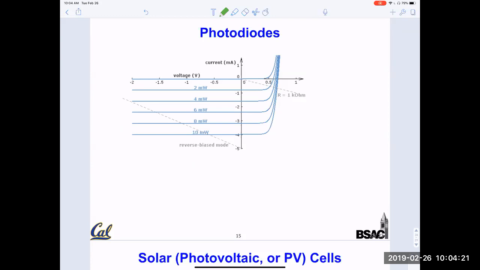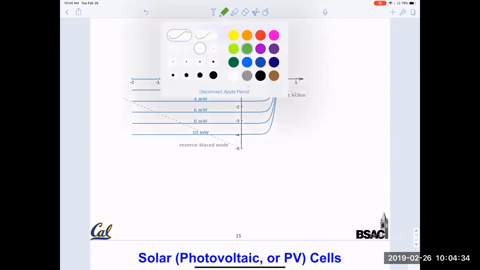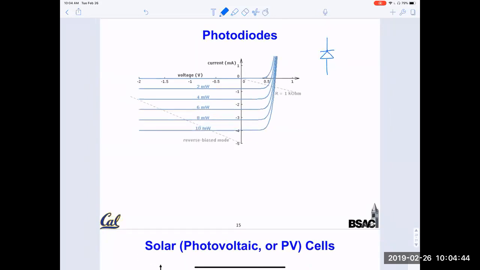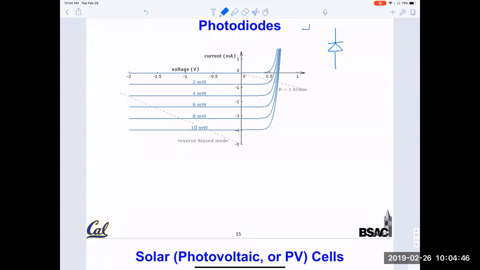So this is to explain what a photodiode is, and why it can be used to detect the photocurrent. A diode we still usually represent by a symbol. It's usually reverse biased, so we apply a typical bias condition with a load resistor, and we apply reverse bias.